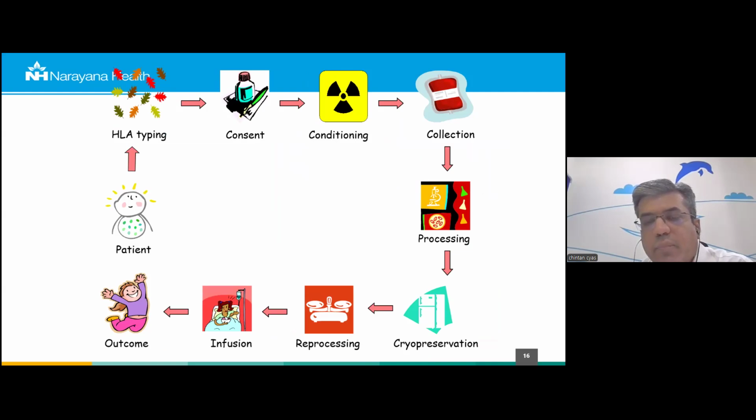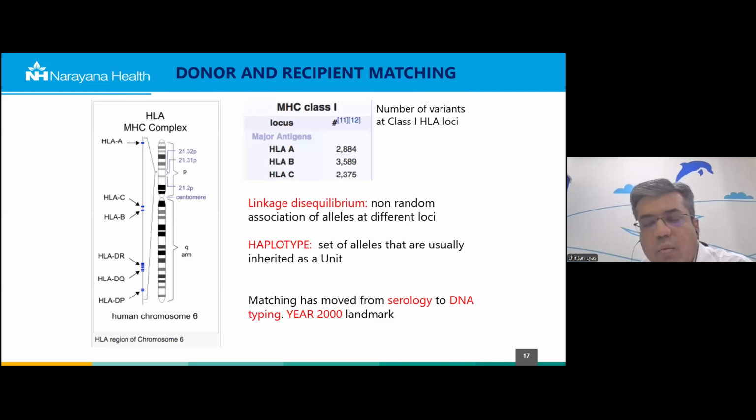The third important part is to admit the patient, and after doing the basic workup, we start the patient on conditioning chemotherapy. The fourth one is collection. The fifth one is processing of the donor cells. If required, we need to do cryopreservation. Sometimes we do some reprocessing on the donor cells, and then we infuse, and then the patient gets better, and we discharge.